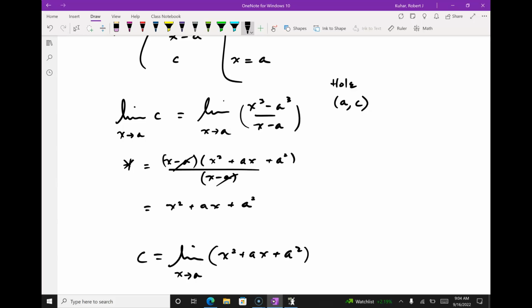Where's x going to? a. So all I got to do is plug in x as a, and then I've got my solution. I think I see it right away. Don't I get a squared plus a times a plus a squared? That's 3a squared.